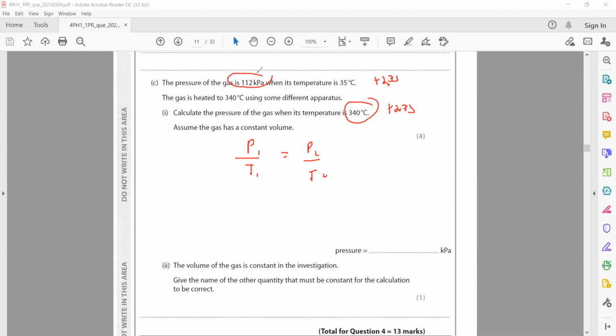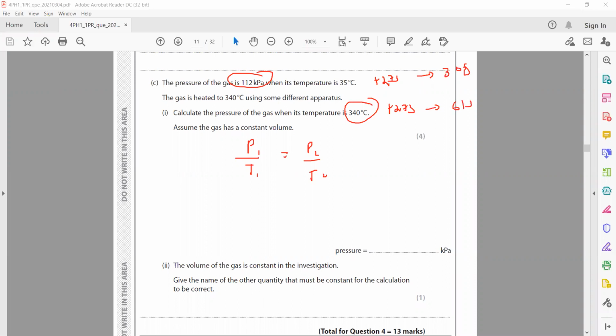The initial pressure is 112. So this 35 should be converted into Kelvin, which will be 273 plus 35, equal to 308, and 273 plus 340 will be equal to 613.